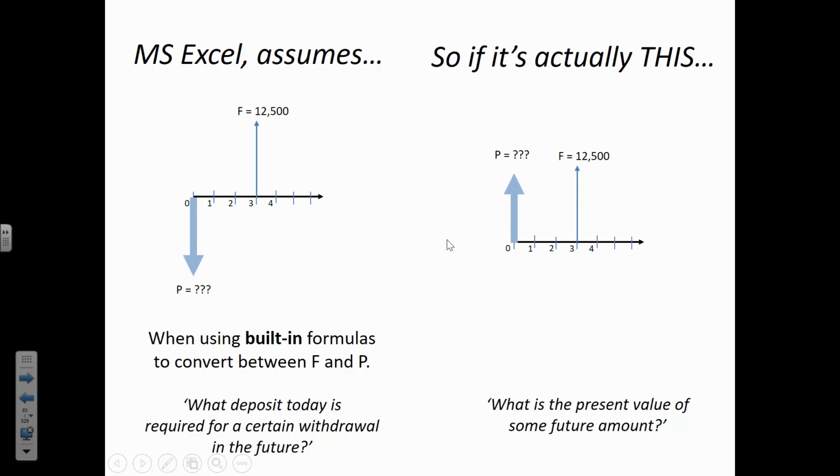So I'm telling you this because sometimes we're going to have to put a negative sign into the function to override its predisposition to change the sign on us. I'll try to give you that reminder until it becomes a habit. Based on the assumptions Excel makes, when we use its built-in functions, sometimes we have to override that assumption.